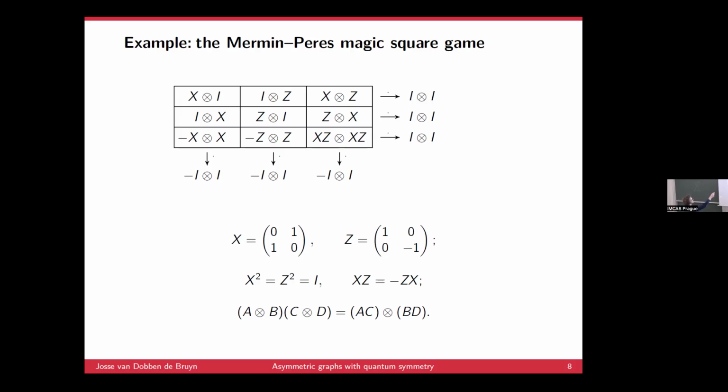Okay, so the first row multiplies to the identity by the way we constructed it, and the second row similarly. Actually, for the first column we put a minus sign, and the second column we put a minus sign in the entry, so they multiply to -1. And then it turns out if you put there XZ tensor XZ, because X and Z anti-commute, if you multiply them one way around, you get +1.